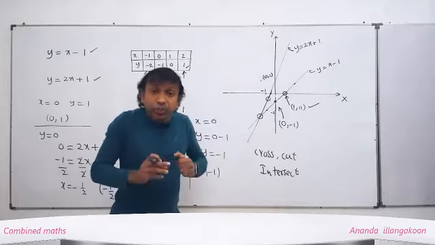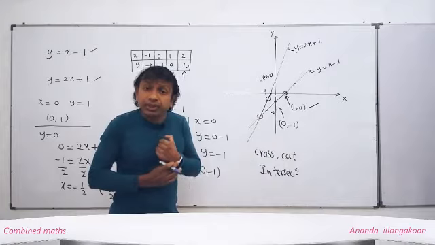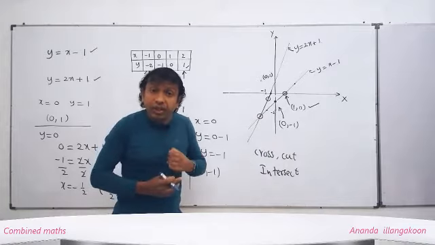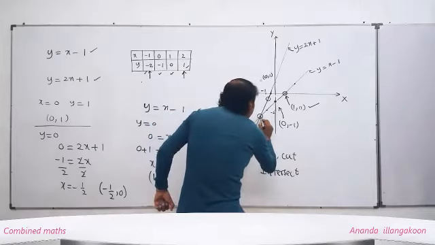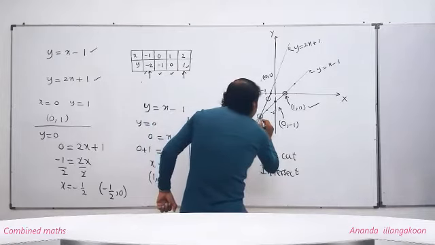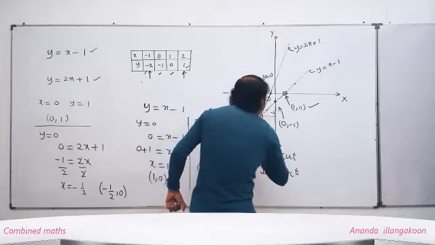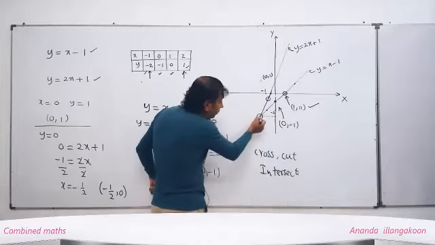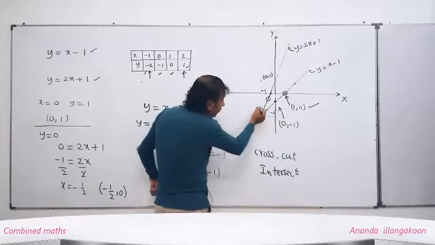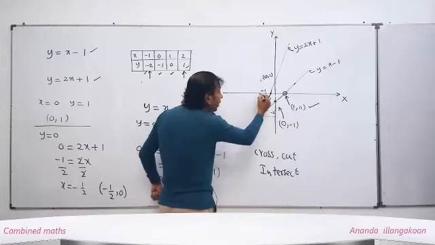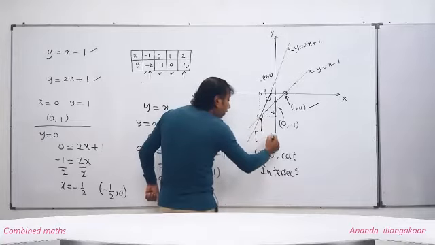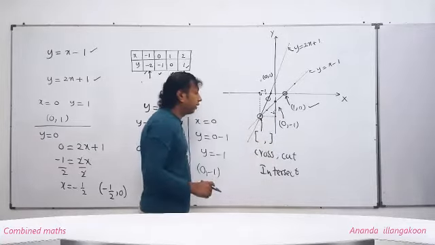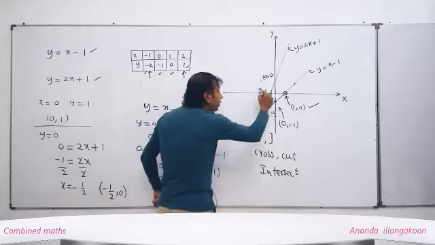Understand? This point of intersection, people, has an x coordinate and a y coordinate. That means when I draw a line parallel to the x axis until it meets the y axis, this way and this way, people, here there is an x coordinate for this point and a y coordinate for this point. The x coordinate really means this length.